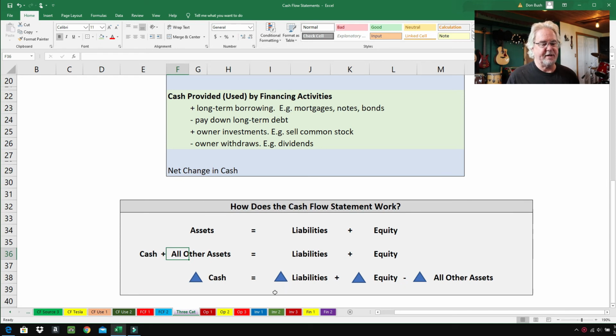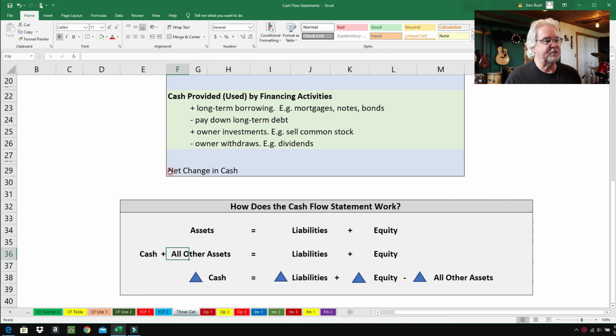Well, this is kind of an engineering or a science concept. The triangles stand for the word delta. And delta means change, at least that's how it's used in engineering. So the change in cash is equal to the change in liabilities plus the change in equity minus the change in all other assets. And that is what we're after here. We're after the change in cash.